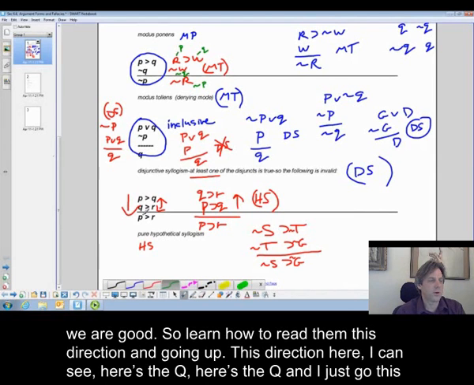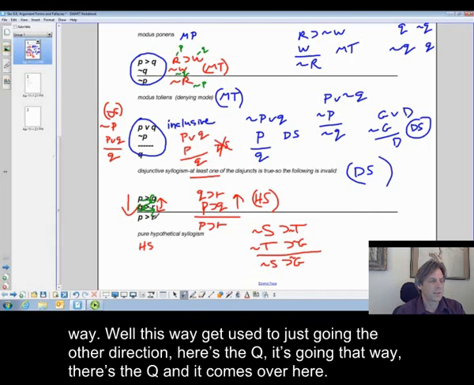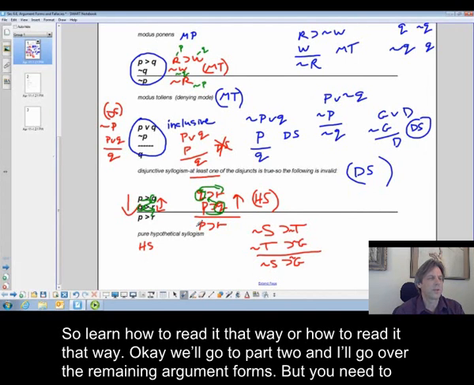This direction here, I can see here's the Q, and I just go this way, right? Well, this way, get used to just going the other direction. Here's the Q, it's going that way, there's the Q, and it comes over here. So learn how to read it that way or how to read it that way.